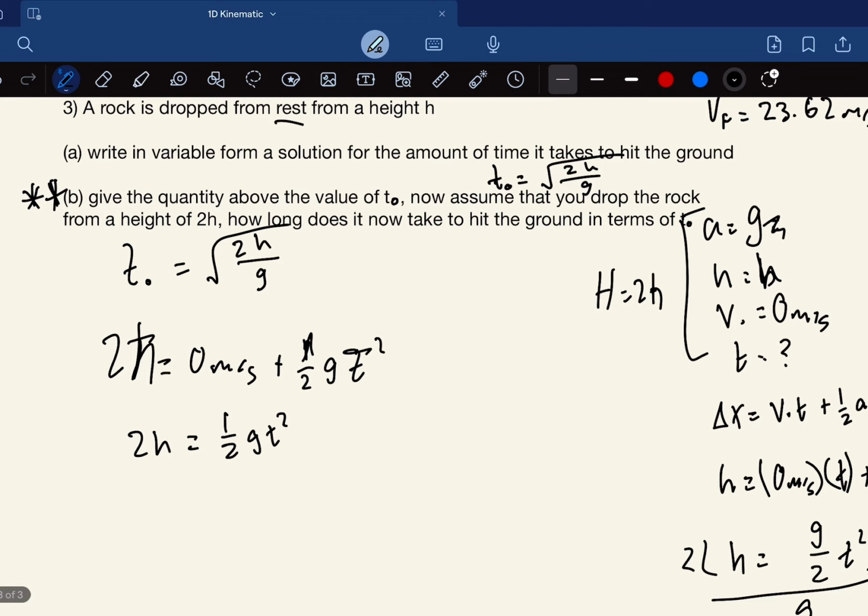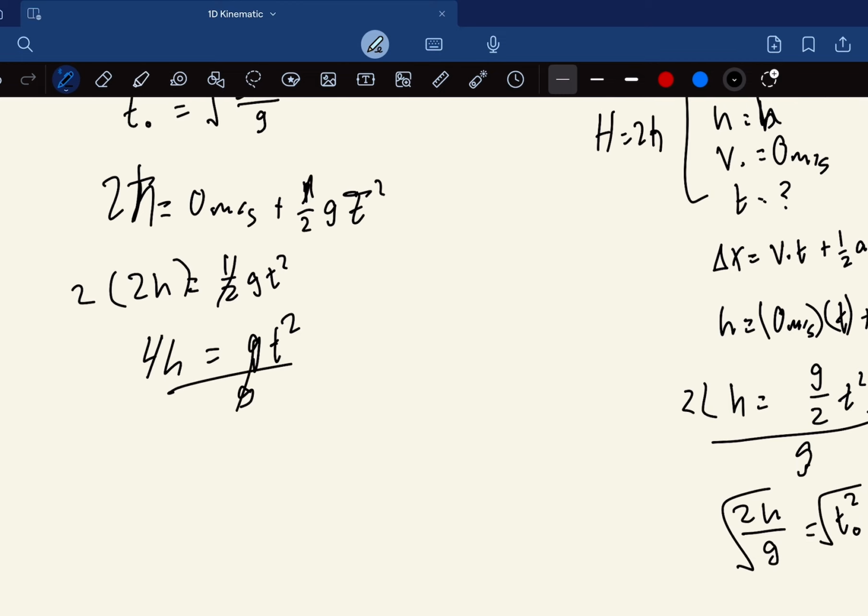Then we multiply both sides by 2 to get rid of the 1/2. Then we get 4h equals g t squared, divided by g. 4h over g equals t squared. Let's make this capital T again, square root.